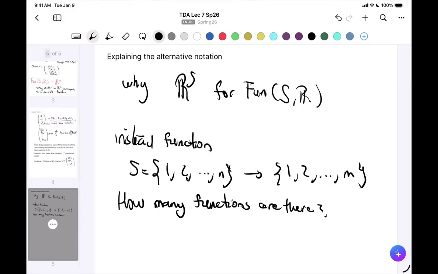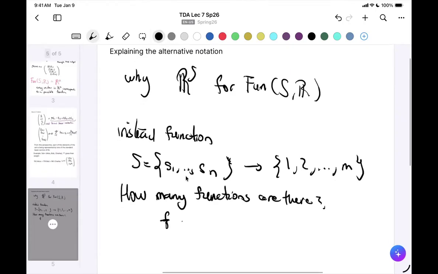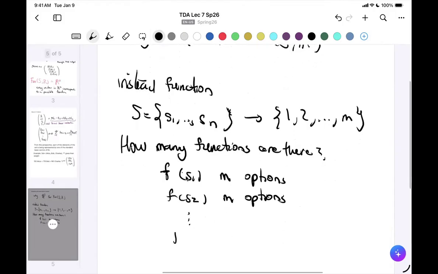So all I'm saying is that f of 1, because I'm calling them f, or maybe I'll call them s1, s2, up to sn to be a bit more abstract. So f of s1 has n options, f of s2 has n options, and f of sn has n options.